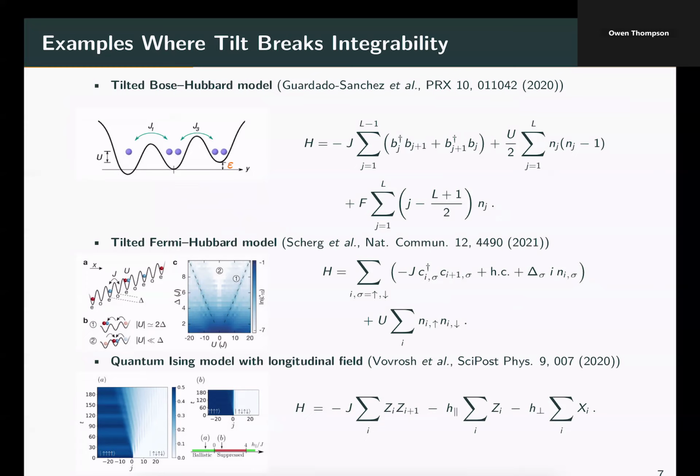And if that was one of your conserved quantities originally, or one of your conserved operators depended on that translational symmetry, the introduction of tilt will essentially break integrability. And this happens all the time. It's not just a bosonic feature. You've got the Bose-Hubbard model, the Hubbard model, and even the Ising model. So if you tilt your model, generally you're breaking some symmetry and you will lose integrability.